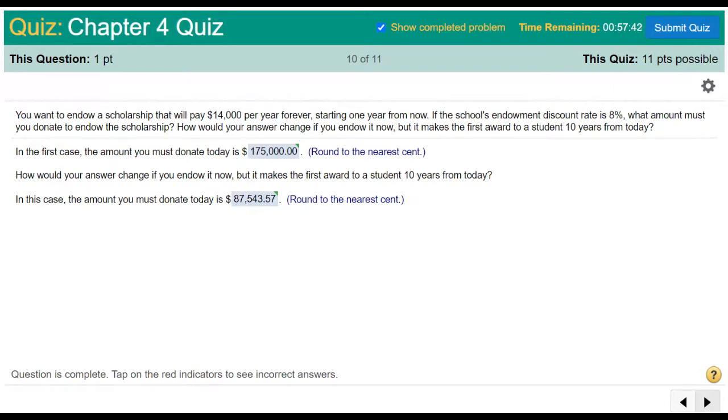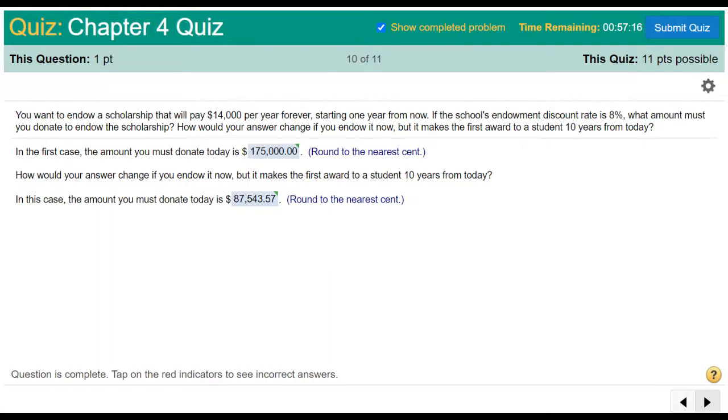Now, would your answer change if you endow it now, but make the first award to a student 10 years from now? When you do this, you start at 0. So it's going to equal 9, right?